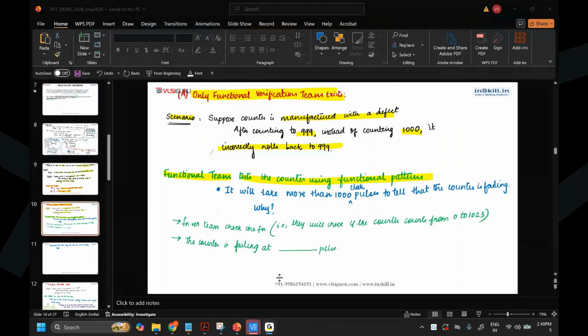The counter is manufactured with a defect, so it is again counting 999 instead of counting 1000. At which pulse is the counter failing in this case? It has counted till 999, and after 999, instead of counting 1000, it is once again counting 999. So at which pulse is the counter failing?